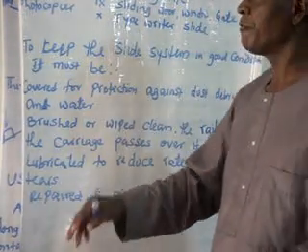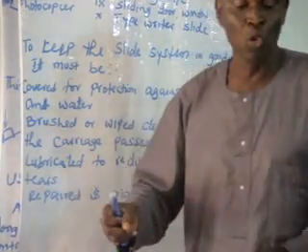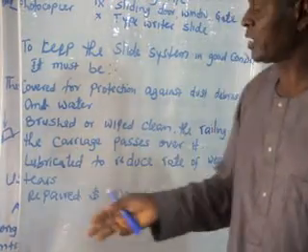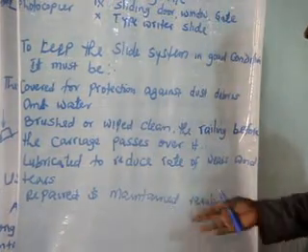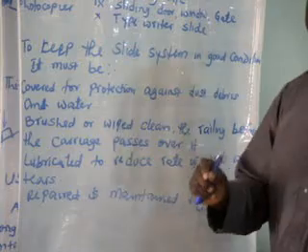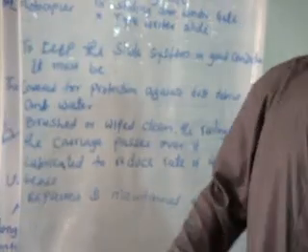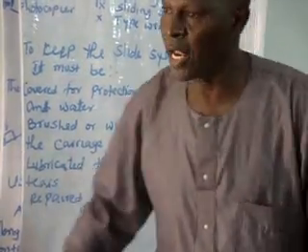And if there's a need for you to replace it completely, you just have to do that. And if it's just for you to maintain, ensure you do that, so that the slide or the slot can be moving freely.